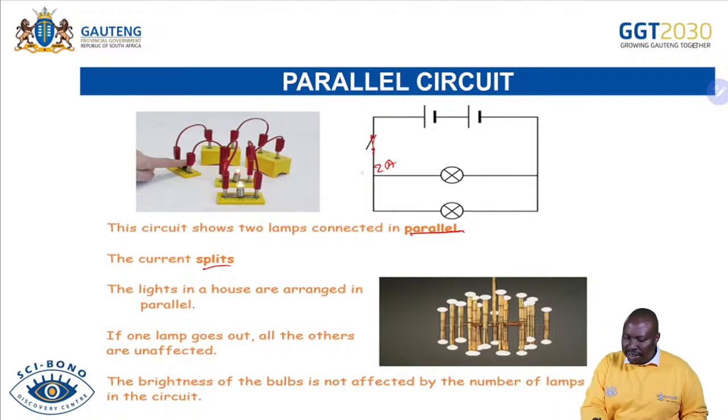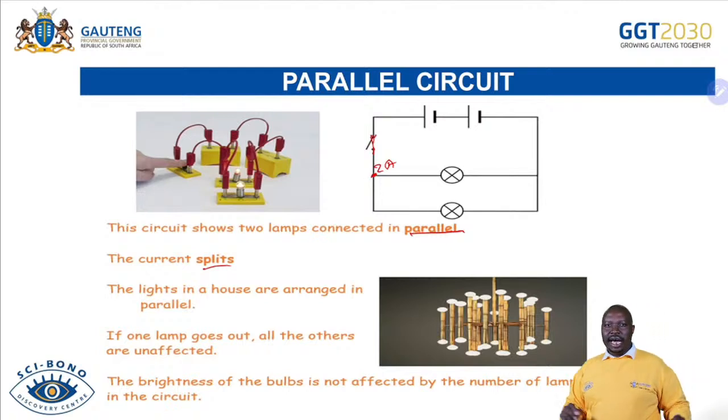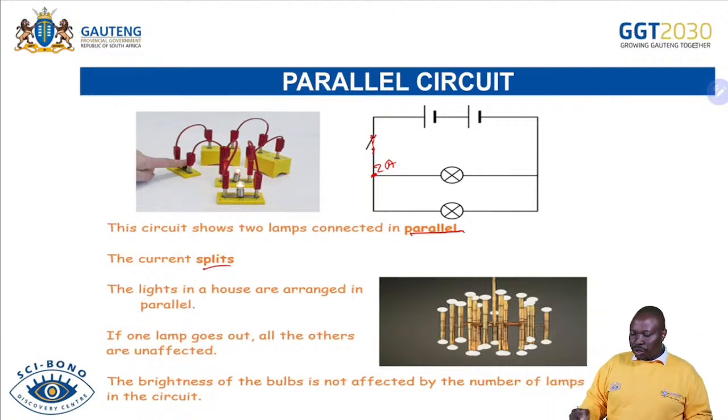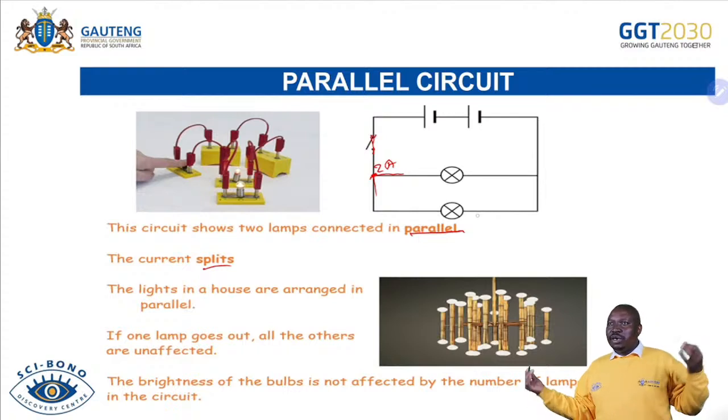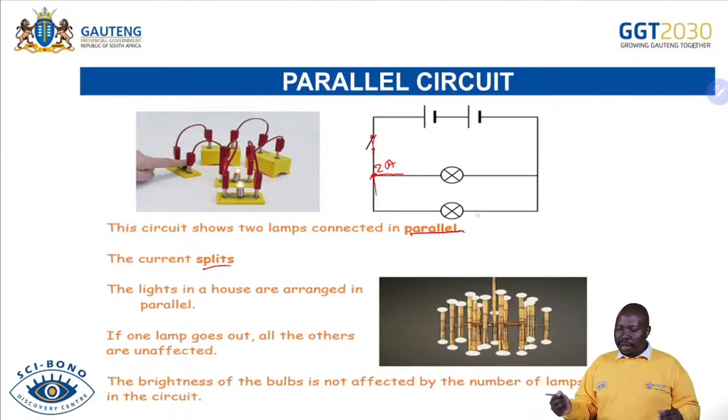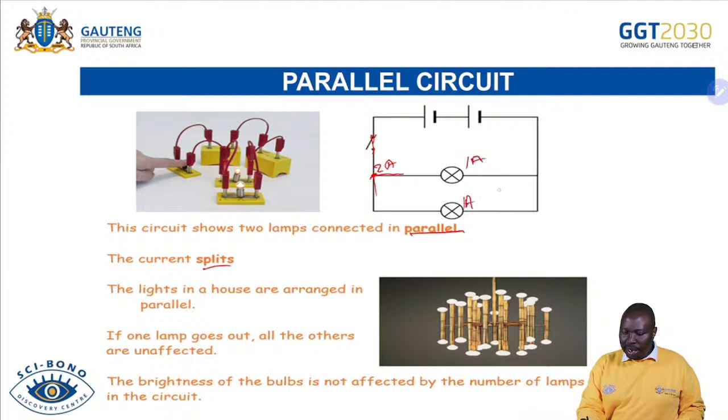Hence, when it arrives at this point, it now has 2 options. The current must split because there are 2 routes to follow. So other current will have to go that side, other current will go that side. But if these 2 are identical, they will share the current equally, meaning that this will be 1 ampere and that one will be 1 ampere.